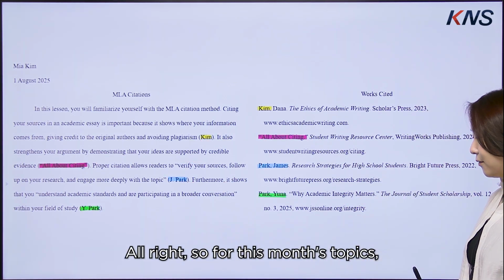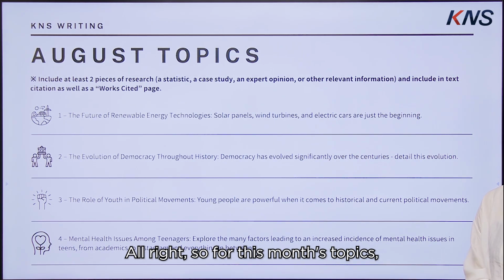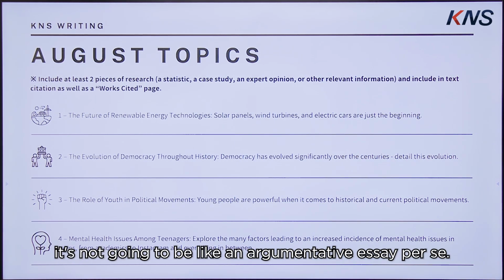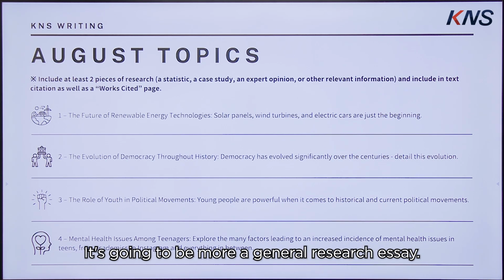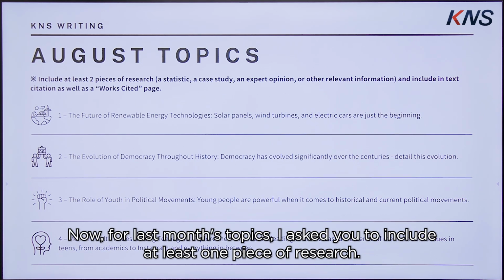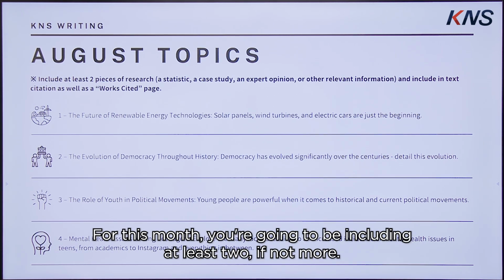All right, so for this month's topics, it's not going to be an argumentative essay per se. It's going to be more of a general research essay. Now, for last month's topics, I asked you to include at least 1 piece of research. For this month, you're going to be including at least 2, if not more.